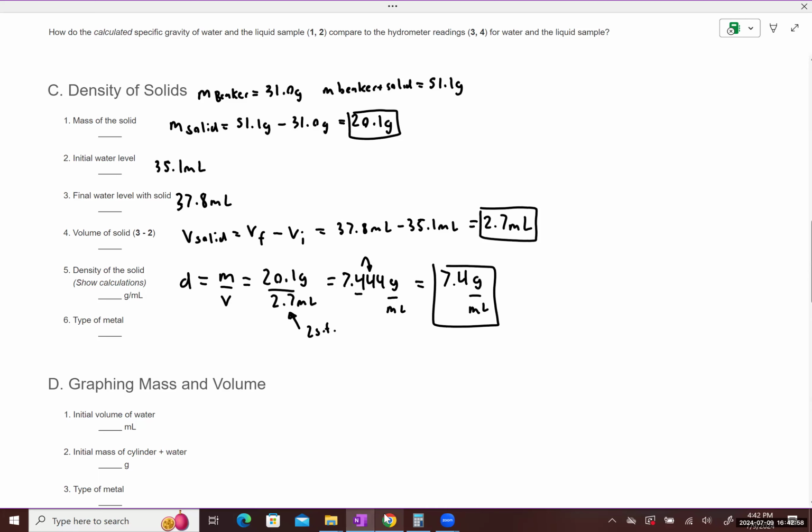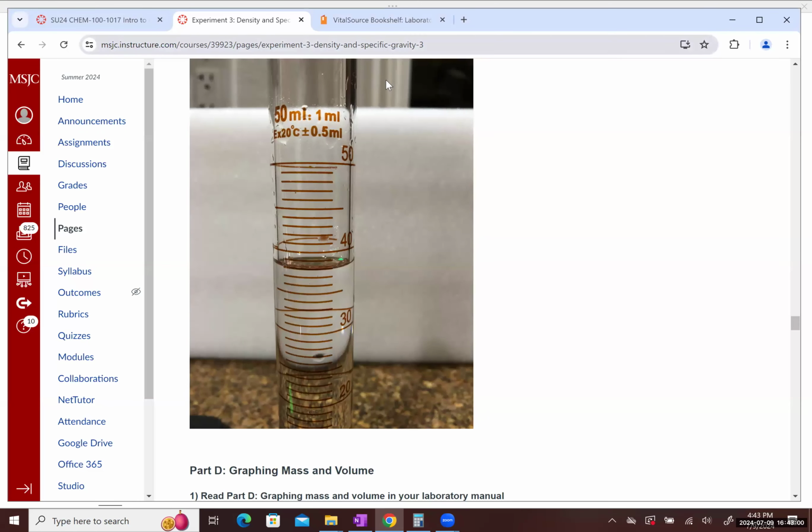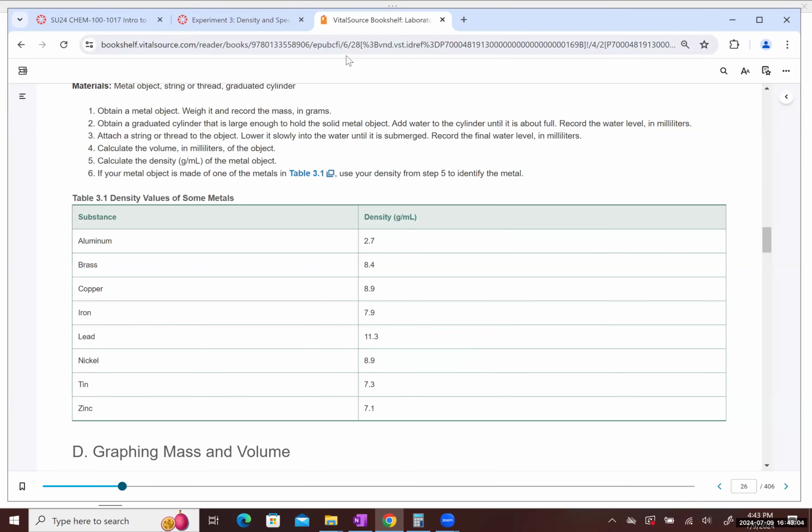From here now, we can go to our density table, and let's use the density table in the lab manual. And we see that it doesn't quite match any of the metals, but 7.4 grams per mil, that density is closest to that of tin.